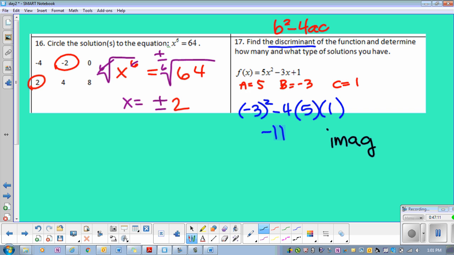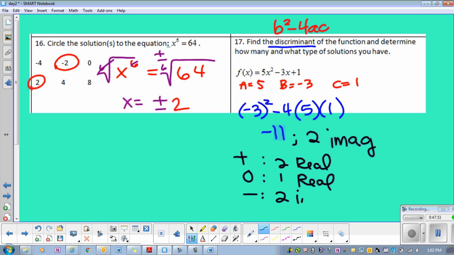If you get a negative number as your discriminant, it means you have imaginary solutions, but how many? 2. All right, just to recap. If you get a positive number, you have 2 real. If you get 0, you have 1 real. If you get a negative, you have 2 imaginary. Yes? All right.